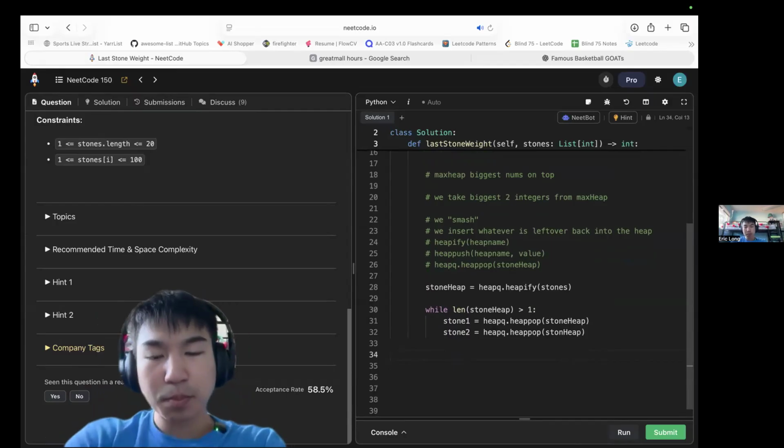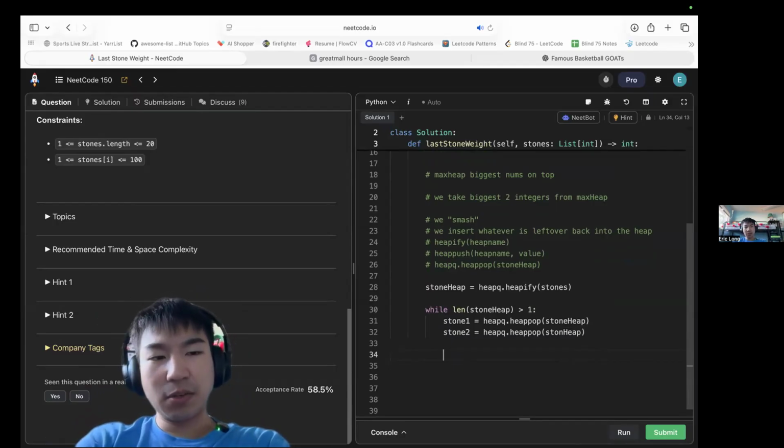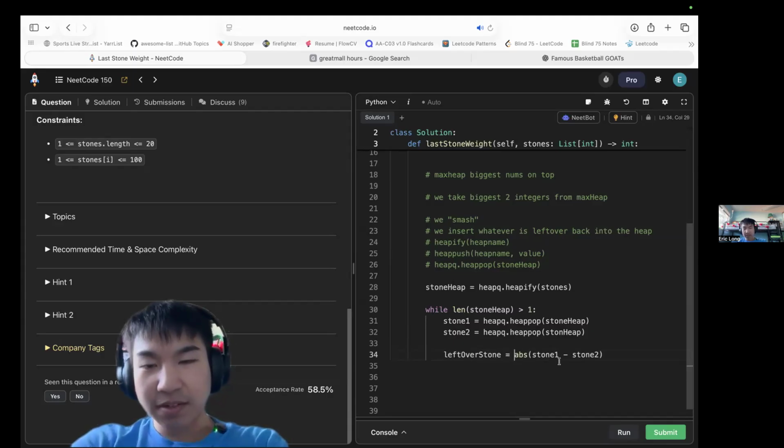Now we could just subtract one from the other and get the absolute value. That could work. So I have 2 minus 3 and 3 minus 2. It's the same thing, yeah. Leftover stone.